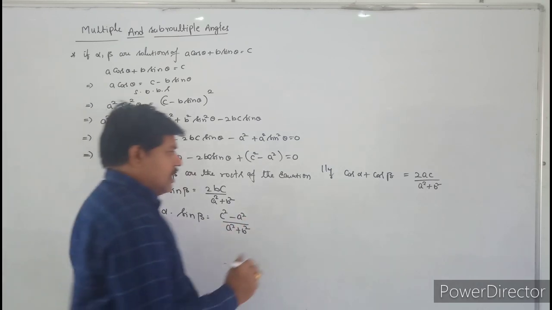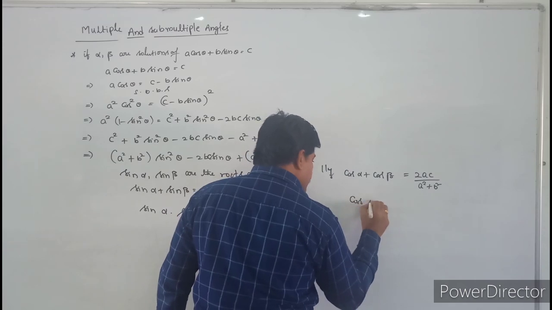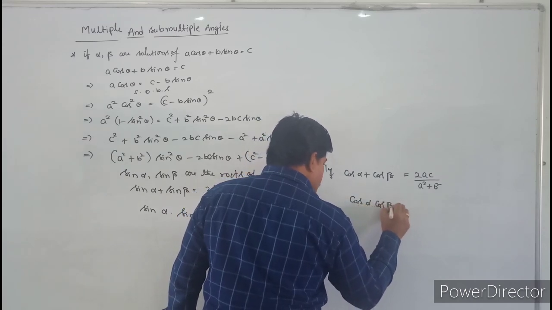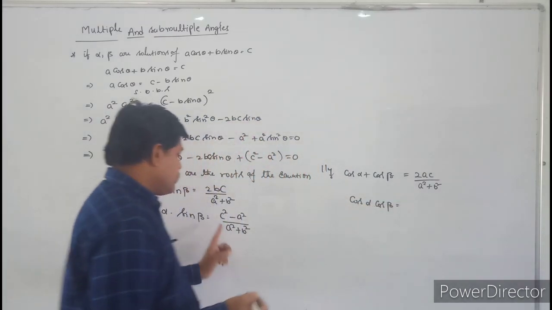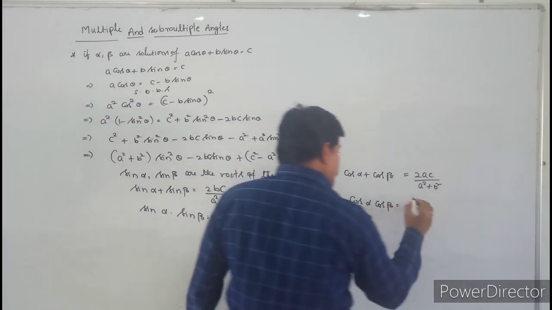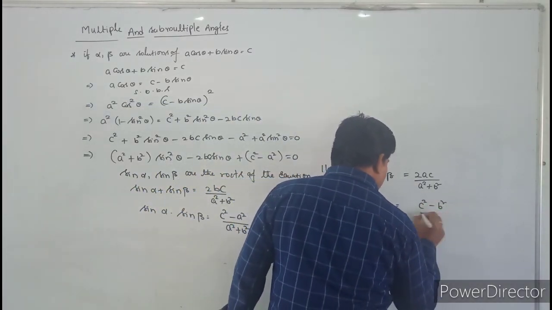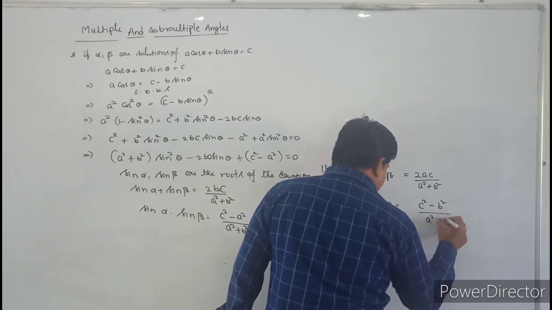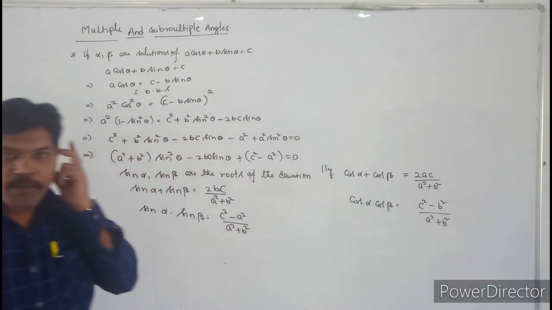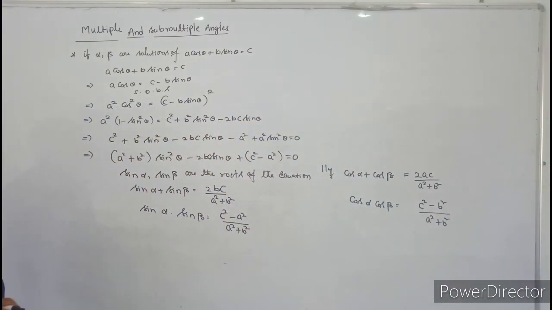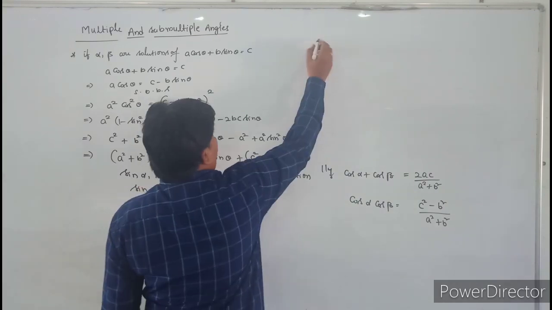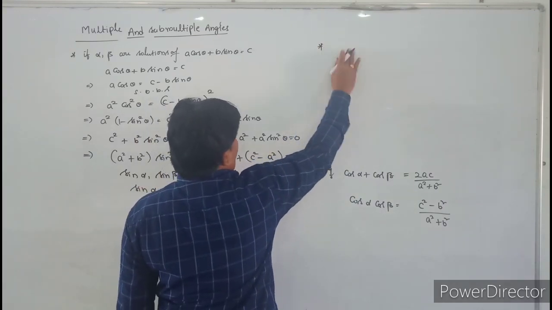Similarly for cos alpha into cos beta, in the place of a you will get b. So cos alpha into cos beta is equal to c square minus b square by a square plus b square. So see that question, students. Already we have tan of (alpha plus beta) by 2.